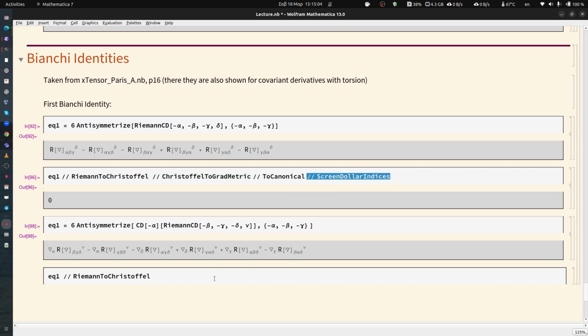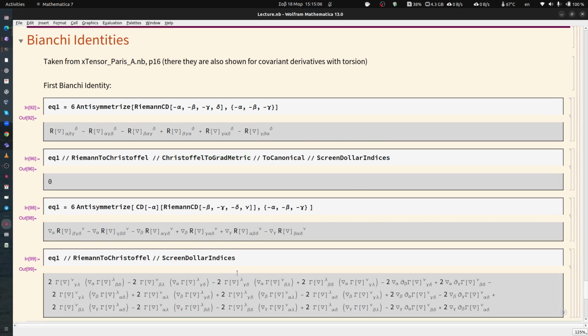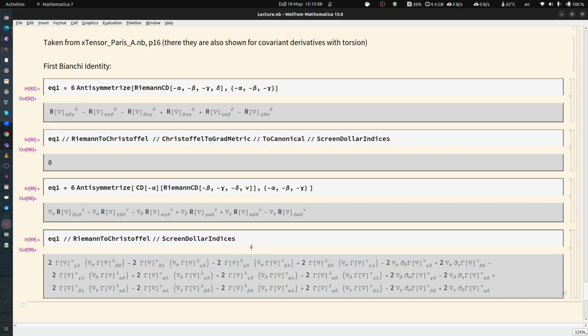So again, equation 1 we transform it to an expression that involves the Christoffel symbols here. And then you see that the Christoffel symbols here are acted on by a covariant derivative here.